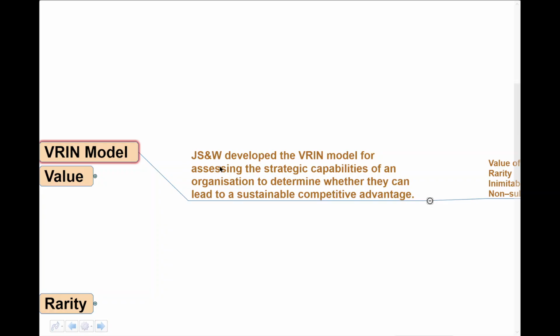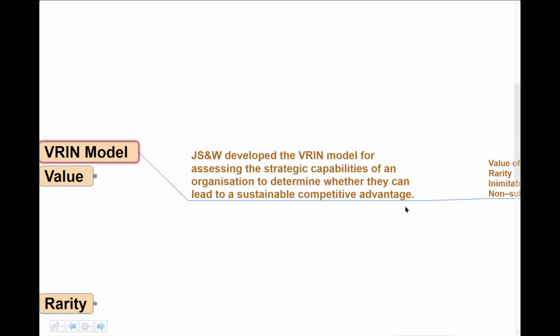What Johnson, Scholes, and Whittington basically said, and the reason they developed this VRIN model, is to help an organization assess its overall strategic capabilities, and indeed to determine, given that assessment, whether or not those capabilities can lead to sustainable competitive advantage. This phrase keeps coming up, doesn't it?